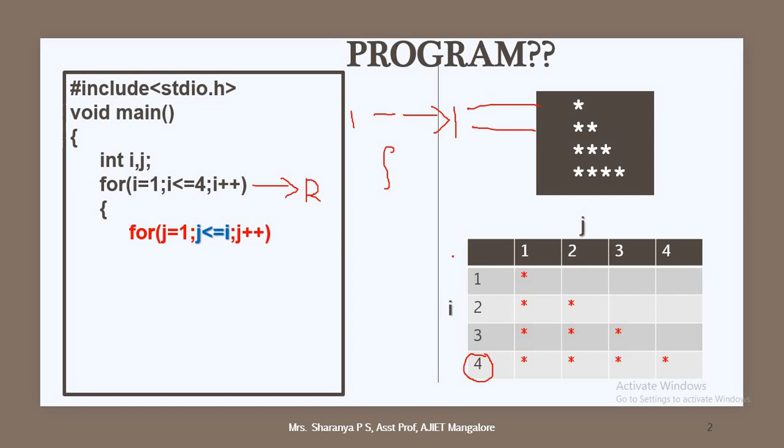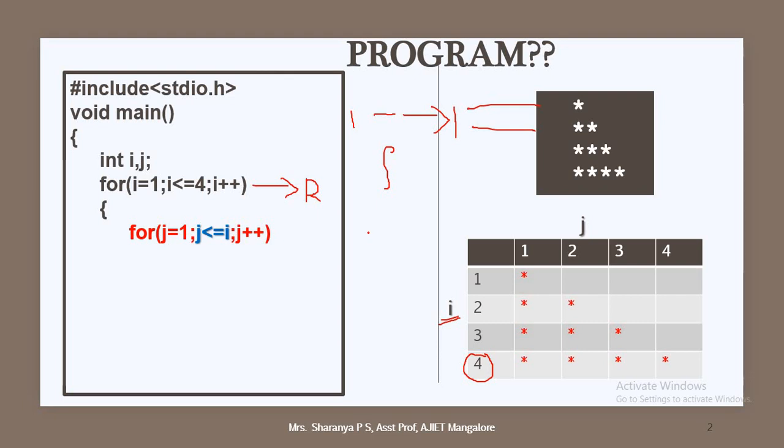So as I mentioned previously, what is the connection between this i and j? Is there any relation between them? Yes. So the second for loop, the j loop, we have to run as per the value of i. That is, j is less than or equal to i, and then parallelly we have to increment the j value.